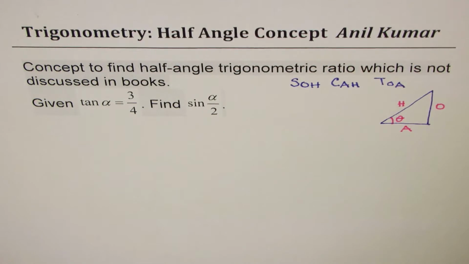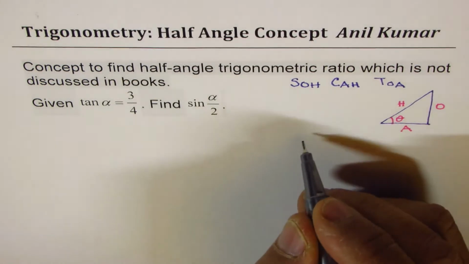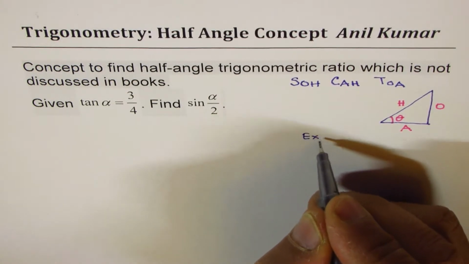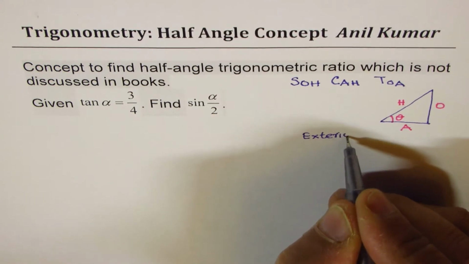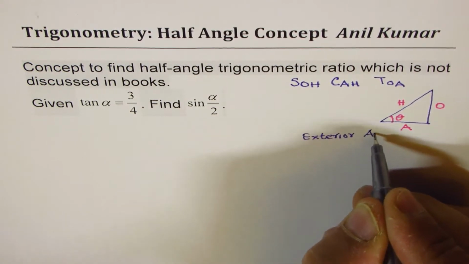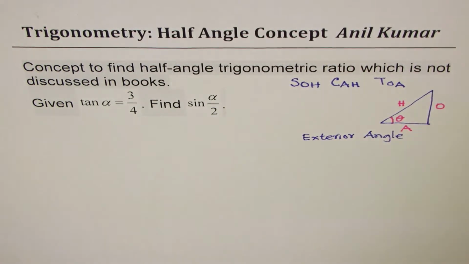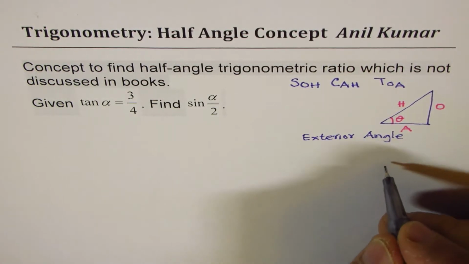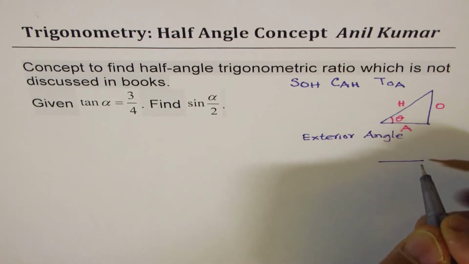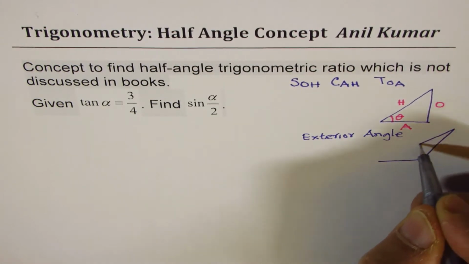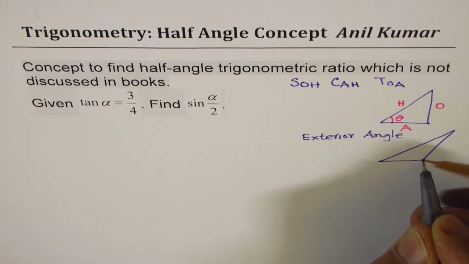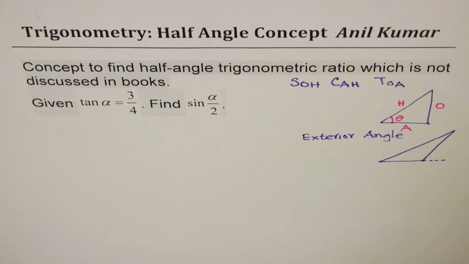Very simple, basic. The second concept which I am going to apply here is the exterior angle theorem. Now, if I am given a triangle, let me make another triangle this time. Let us say I have a triangle like this, and I extend this side.